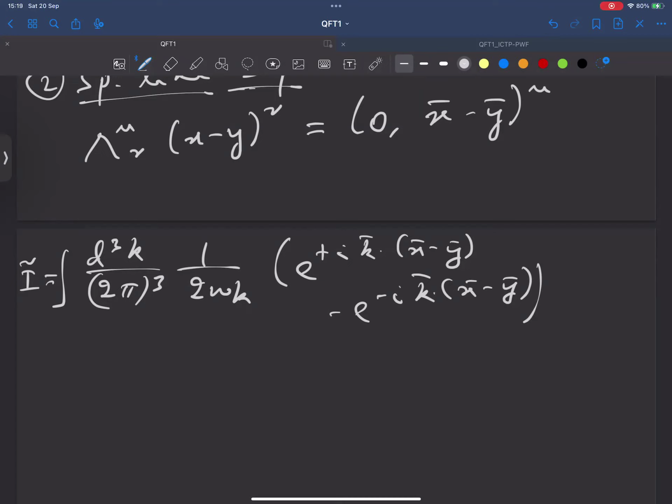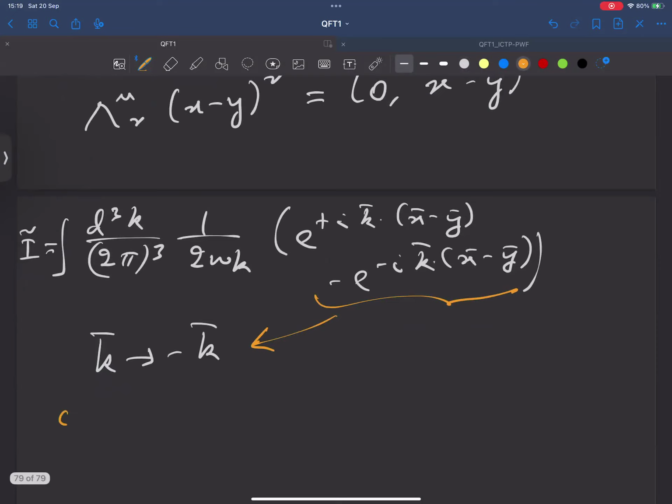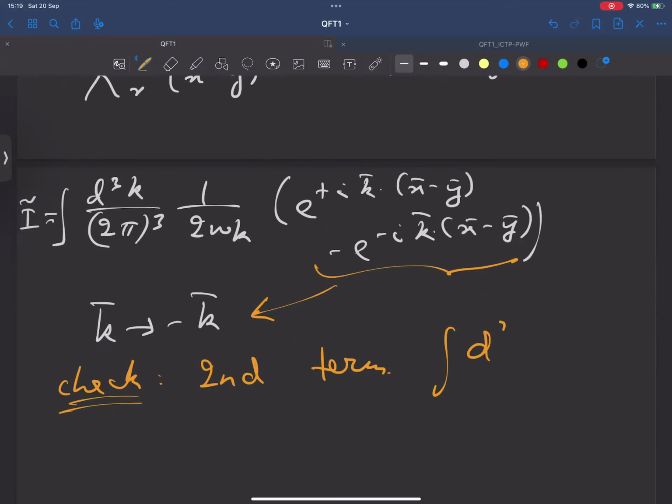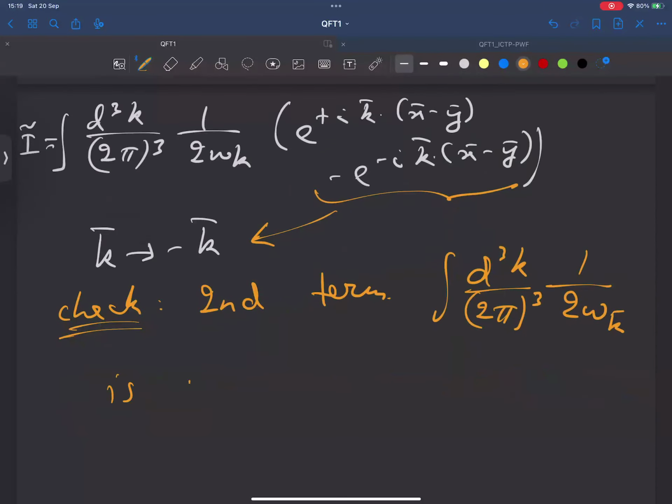And because space is bidirectional, what you can do here is relabel k to minus k in this part. If you don't believe it, you can perform a quick check. You check that if you do this, then this second term with this measure d³k over (2π)³, 1 over 2 omega, is invariant under this k to minus k.